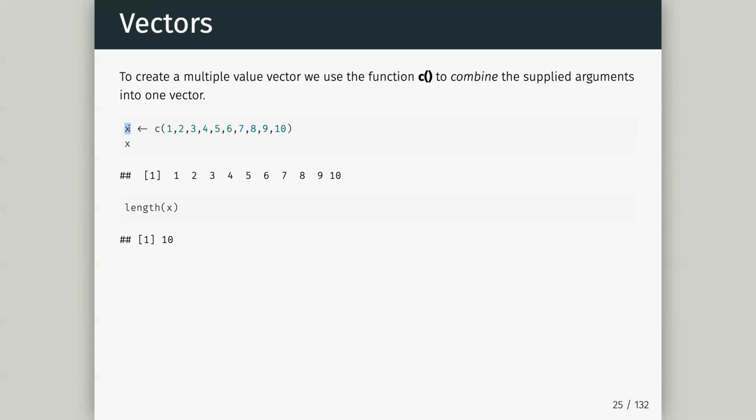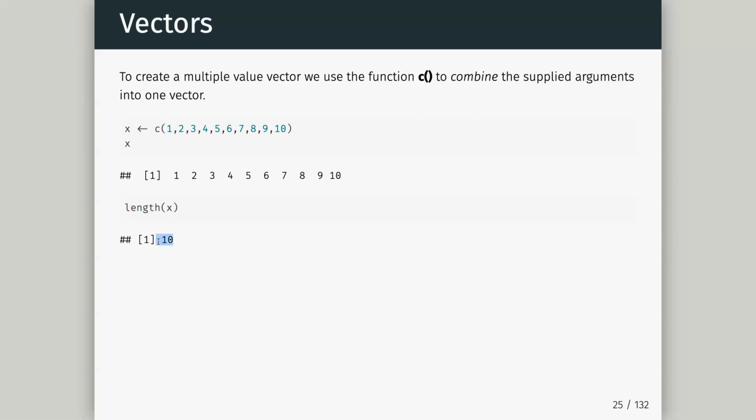If I want to create a vector x which contains all the values 1 to 10, one way I can do this is by doing combine, open my function parentheses, and then every value I want to add to my vector separated by commas. That gives me x, and it contains the values 1, 2, 3, 4, 5, 6, 7, 8, 9, 10. And if I apply the length function to x, it tells me now I have a length of 10.